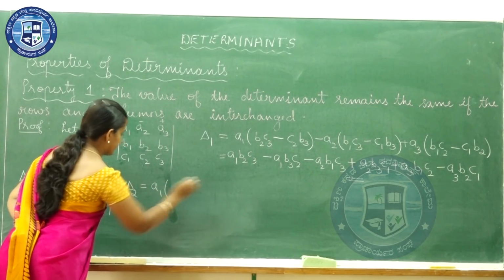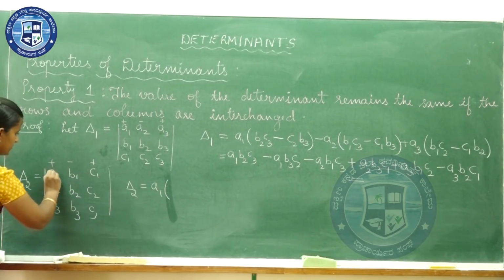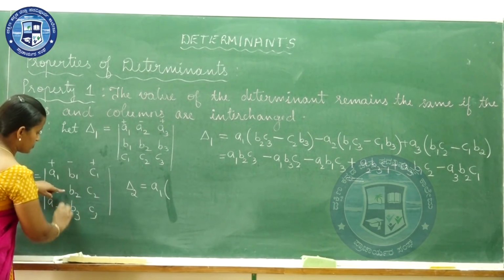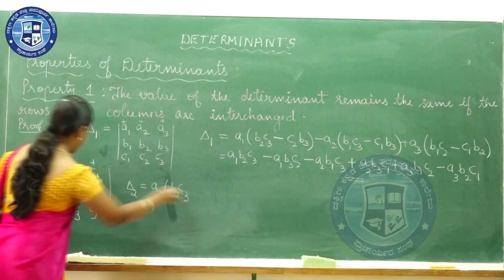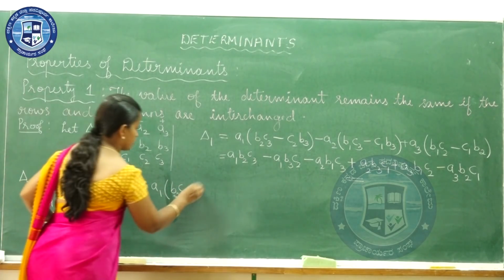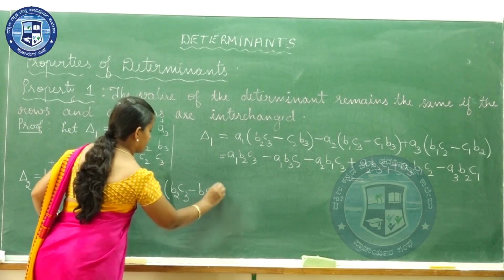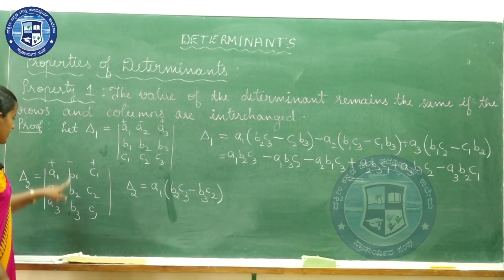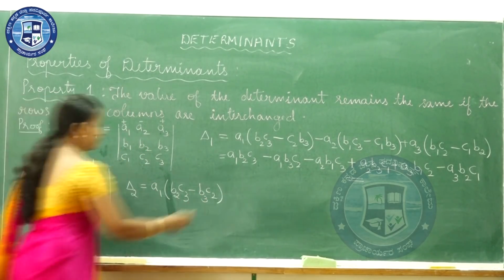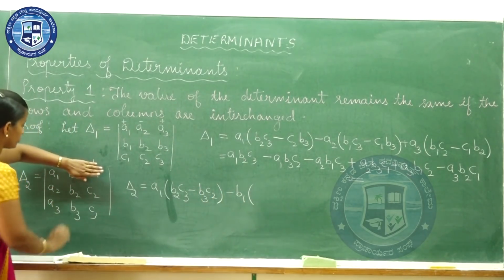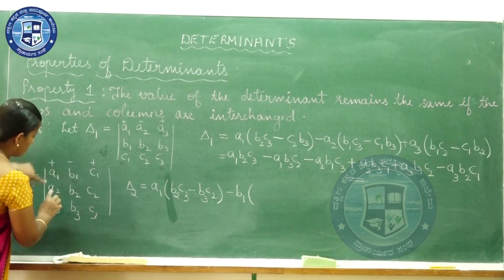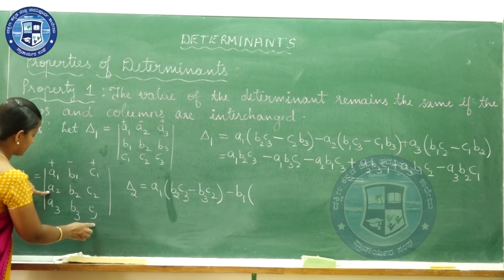So plus A1 into, I will write directly. So delete this. So only this much will remain. So it is B2 C3 minus B3 C2. Okay. Then we have minus B1 into, delete the row and column in which it is present. So A2 C2, A3 C3 will remain.